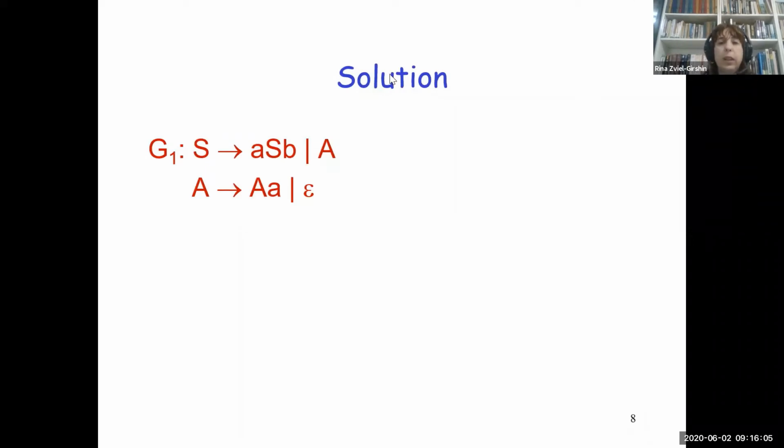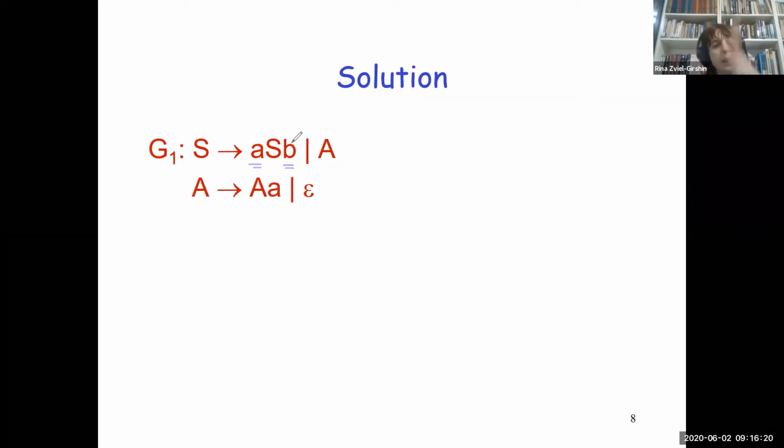So let's start to analyze the language. We know that for each A that we have in prefix, we add B in suffix. So here we have the same number of A's and B's, but the A's in prefix are different from the B's. But for A's in prefix, S, we have to use a new variable A. And from A, we can derive an additional number of A's.